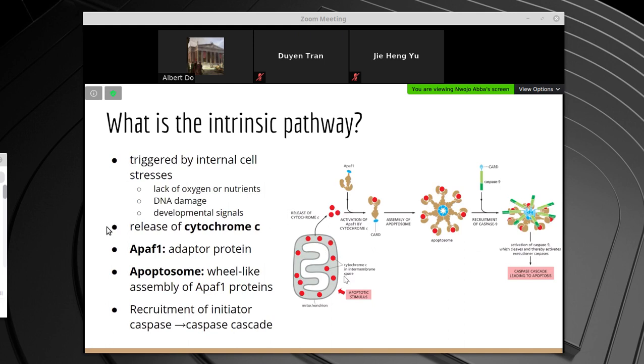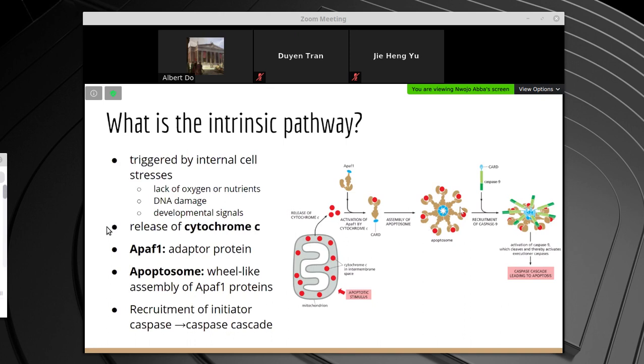And so it will bind to an adapter protein called APAF1. And this combination will then polymerize and form a wheel-like structure called an apoptosome. This apoptosome has a center ring full of CARDs, which are caspase recruitment domains.